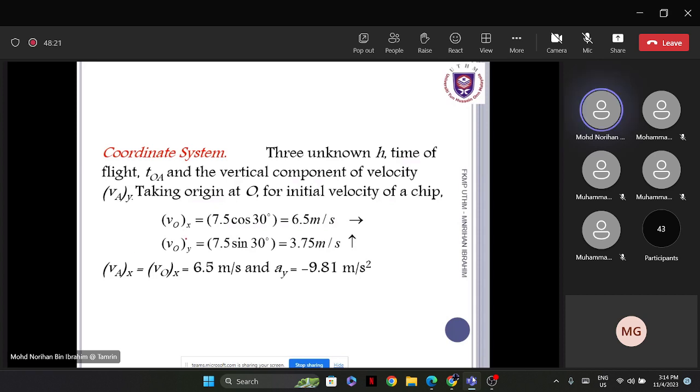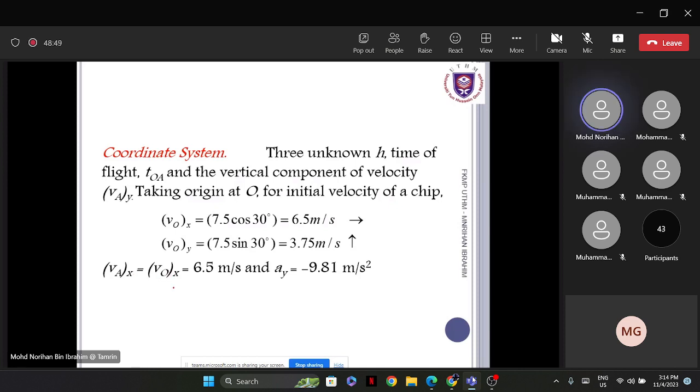From here we can calculate VAX. When it just reaches A of the pile, before it stops, the final velocity is VAX. So we know that VAX is equal to VOX.